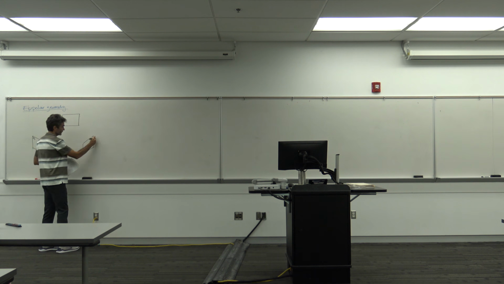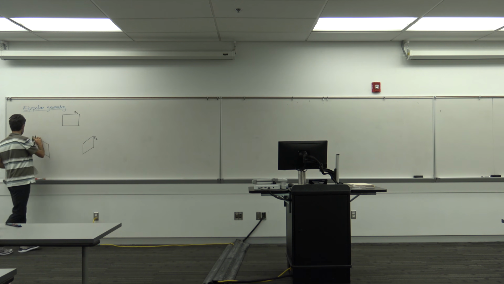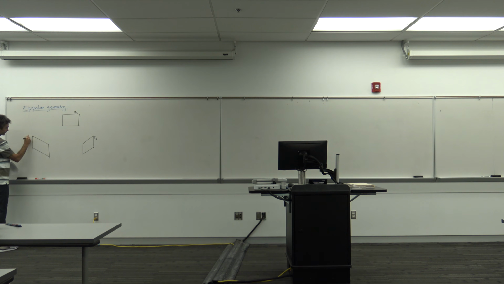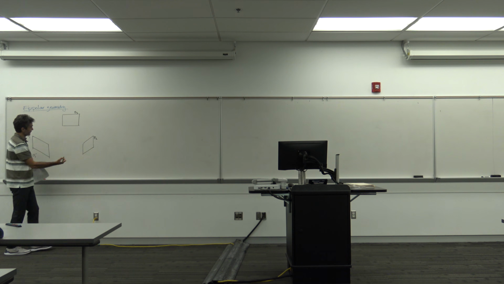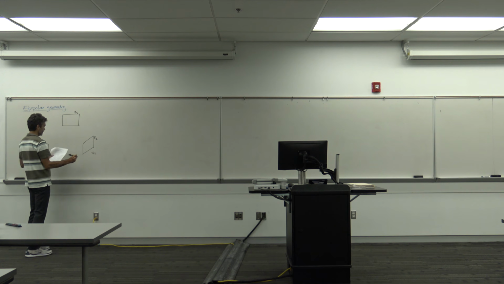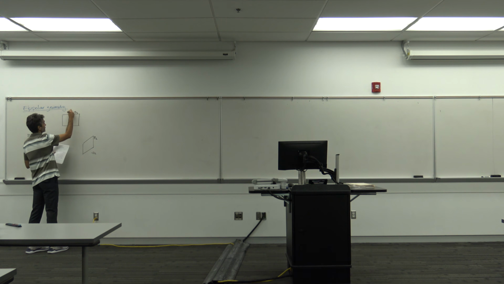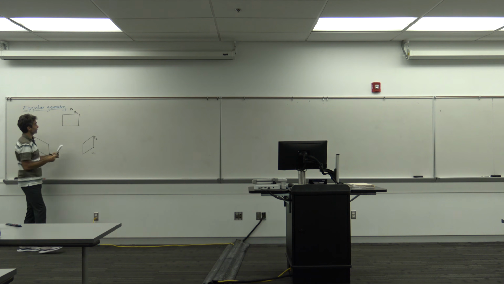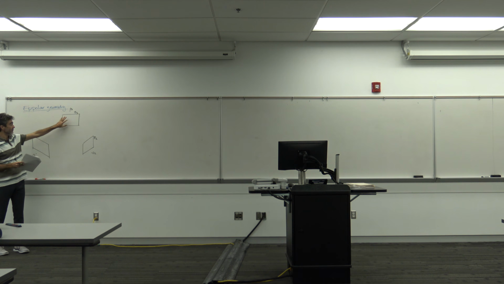This is my 2nd, pi 2. And this is my 3rd, pi 3. So you have 3 cameras with corresponding pinholes, O1 for the 1st camera, O2 for the 2nd, and O3 for the 3rd.